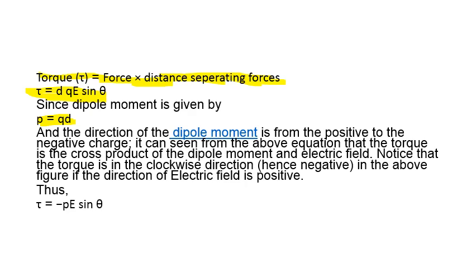This can also be written as tau is equal to p cross E.